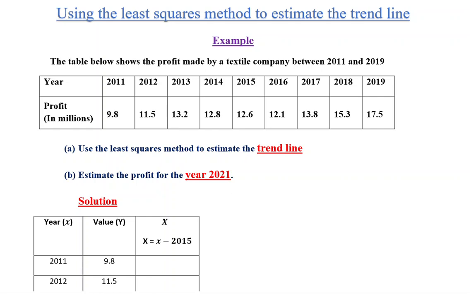Today, we want to talk about a question which I had explained 6 months ago on how to use the least square method to estimate the trend line. Today will be a little bit different. Today is just to confirm if your answers are correct, and maybe the simplest way of getting your answers directly without much calculation.